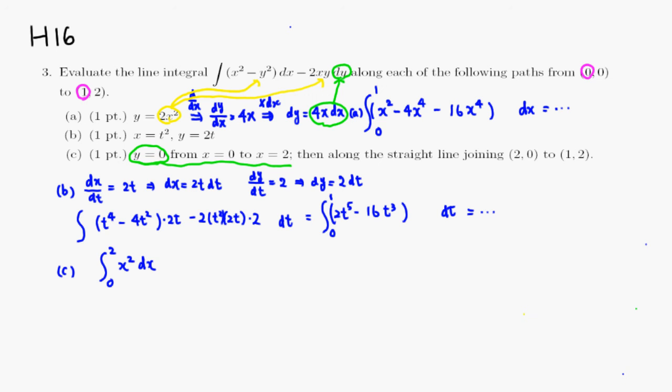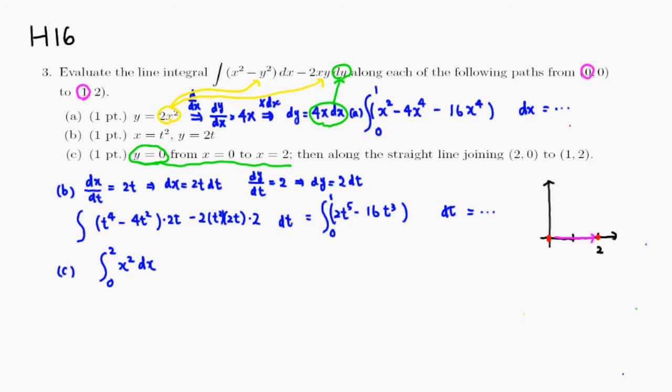Then along the straight line from (2, 0) to (1, 2). So what is that? We started from here at (2, 0). Then we went this way to 2.